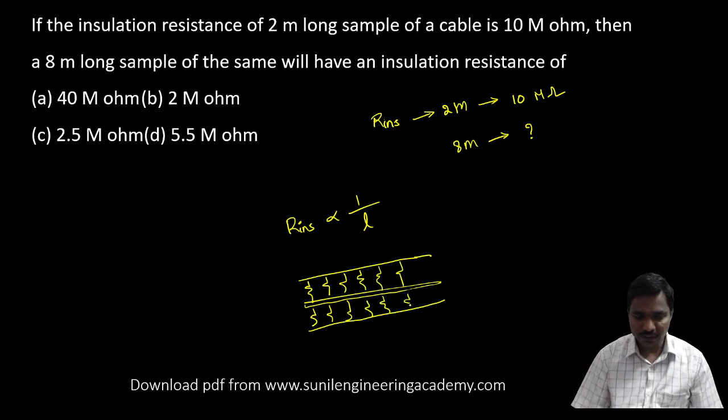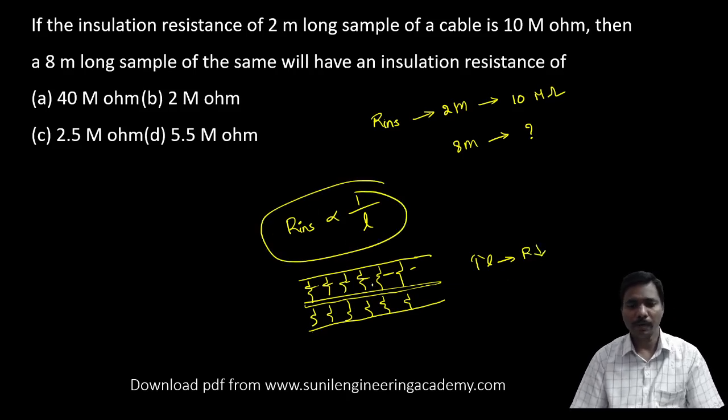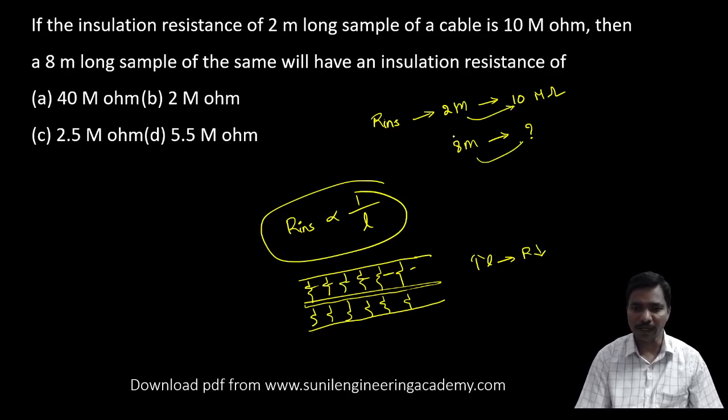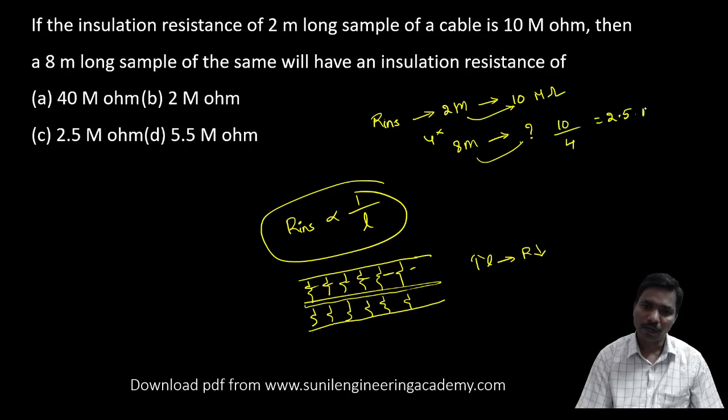The insulation resistance is like this. That means resistances are added in parallel. So as length increases, resistances added in parallel means resistance decreases, so inversely proportional. For 2 meters it is 10, for 8 meters the length increases 4 times, so resistance decreases by 4 times. So that is 2.5 mega ohms. So the answer is option C.